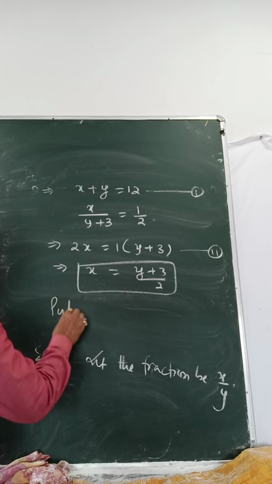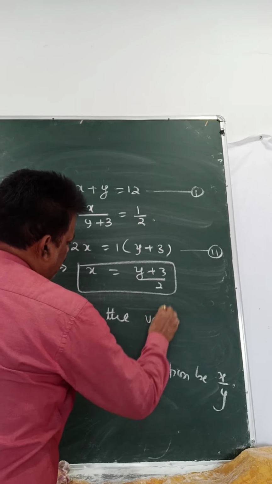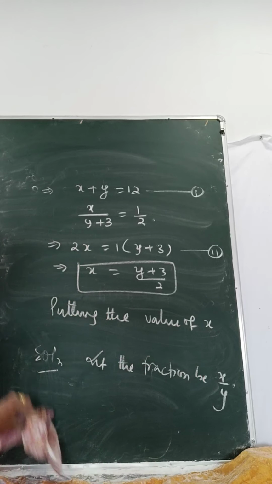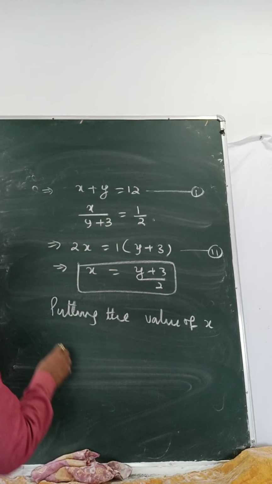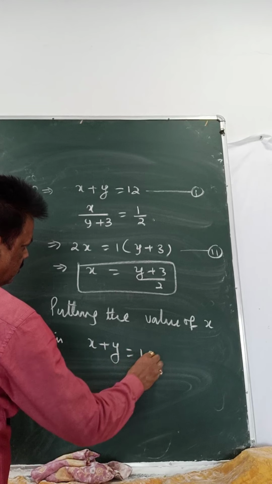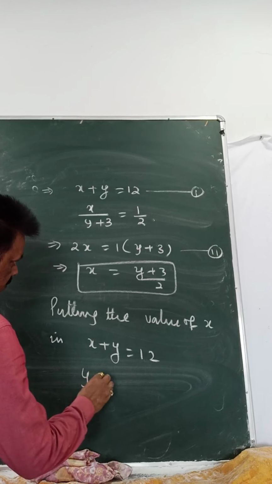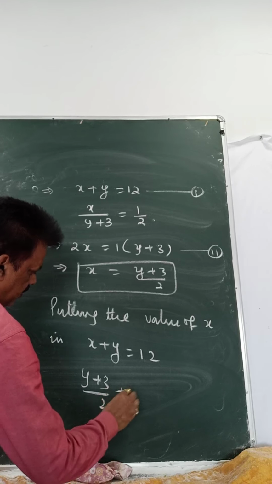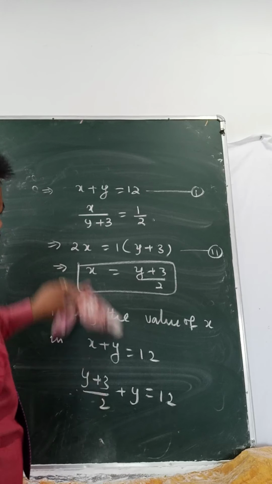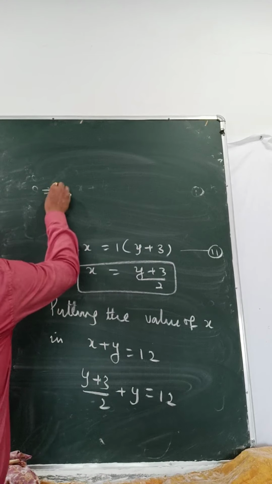Putting the value of x, where are you going to put it? In x plus y equals 12. So in place of x you write y plus 3 by 2, plus y equals 12. Take the LCM. What do you get? 2 is the LCM.